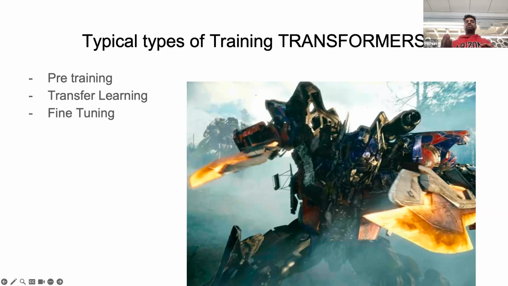The second step is what we know as transfer learning, or even these days, people use it interchangeably for fine tuning. Essentially, you are taking the pre-trained transformer model and using it for a small, very subset task. The typical example I gave last time was GPT, which is trained on everything on the internet. But if you ask it about very rare diseases, it probably doesn't have much knowledge because rare diseases are rare.